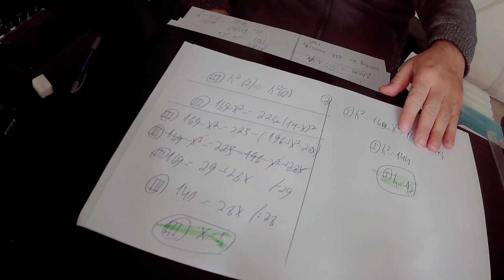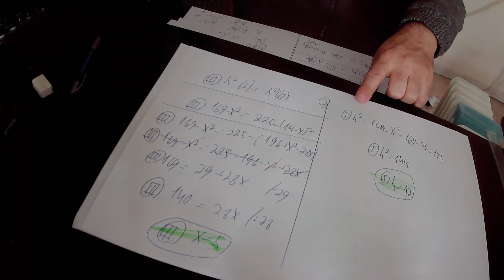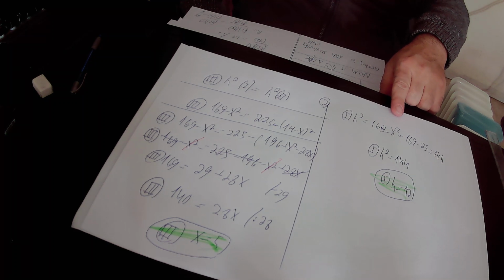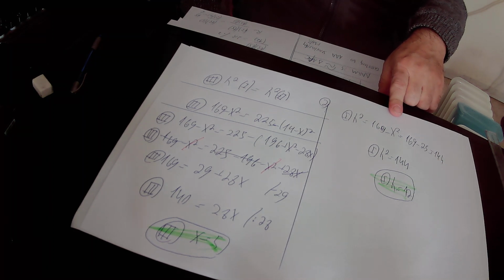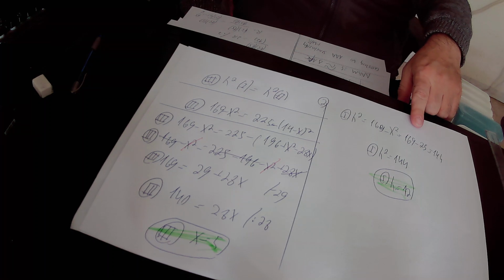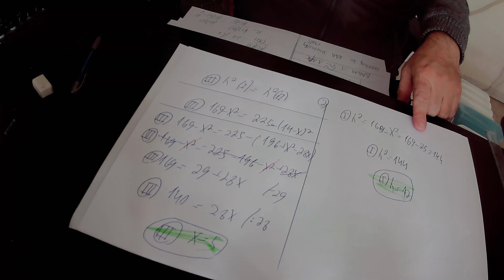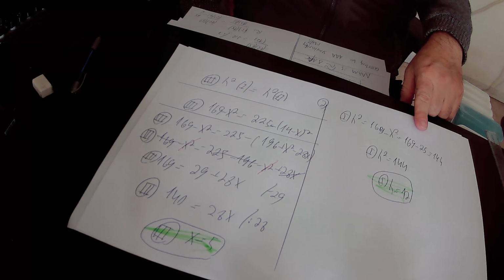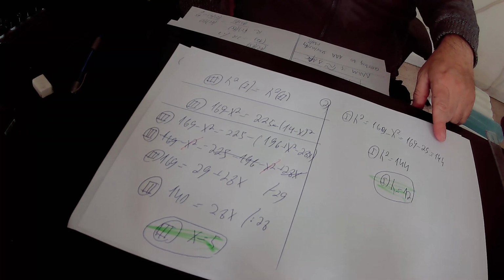And we have equation number 1. According to equation number 1, h squared equals 169 minus x squared. X is 5, therefore x squared is 5 squared, that is 25. So according to equation number 1, h squared equals 169 minus 25, that is 144.